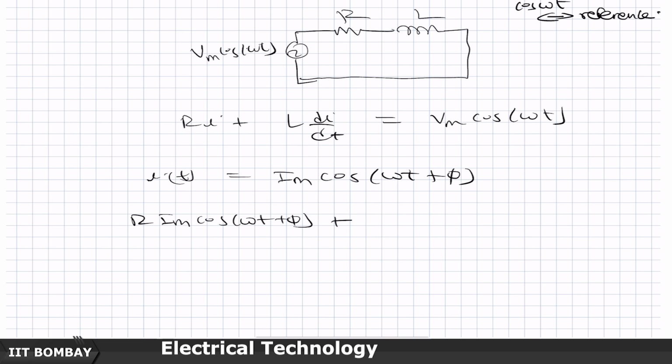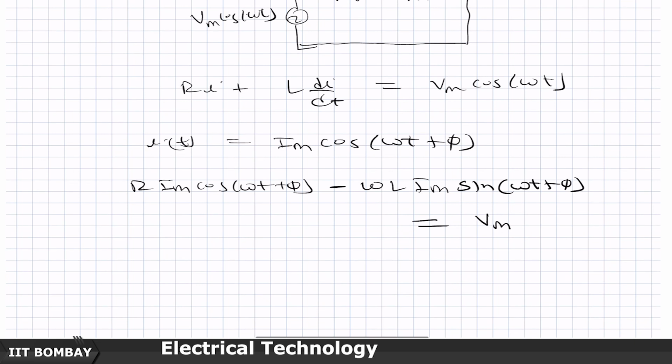Then when I differentiate d by dt of I, where I of t is taken to be Im cos of omega t plus phi, this is going to be omega L Im, and cos will become minus sine of omega t plus phi, which will be equal to Vm cos of omega t.